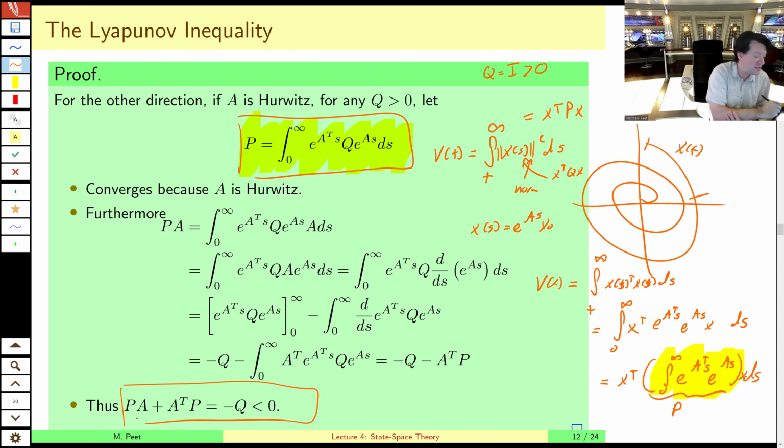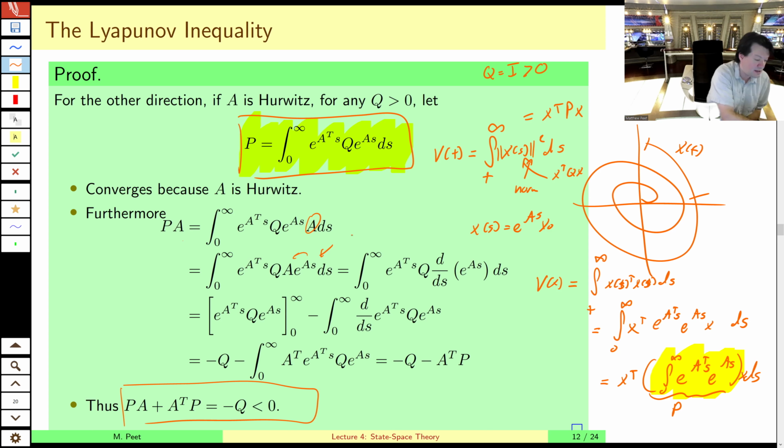The proof here actually takes a slightly different, more algebraic approach to the problem. Specifically, if we multiply P times A, well, then A comes here on the right, and it's multiplied by this integral. Because A commutes with all of the powers of the exponential, we can actually move A to the other side. And then, what is this?